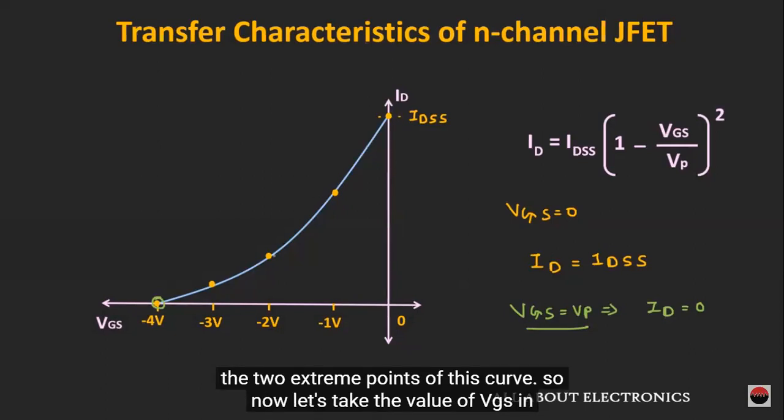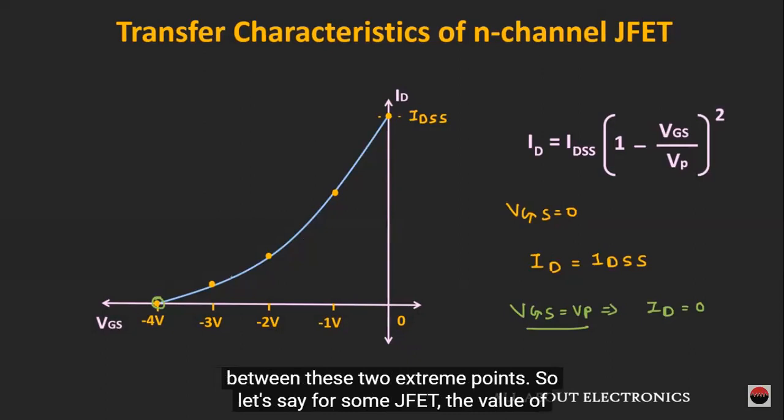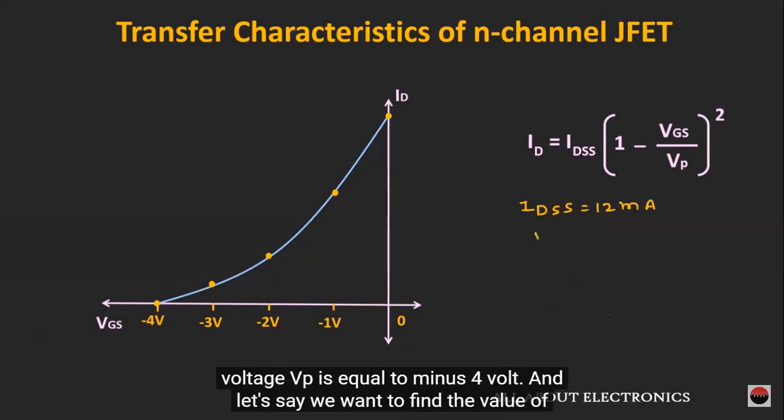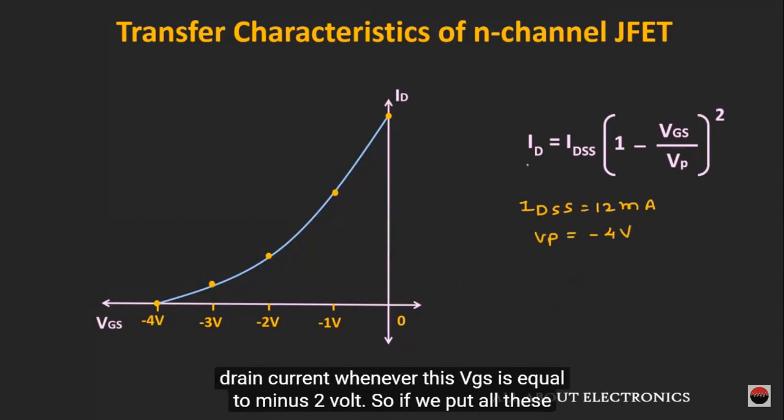So now let's take the value of VGS in between these two extreme points. Let's say for some JFET, the value of IDSS is equal to 12 milliampere, and for that JFET, the value of pinch off voltage VP is equal to minus 4 volt. And let's say we want to find the value of drain current whenever VGS is equal to minus 2 volt.